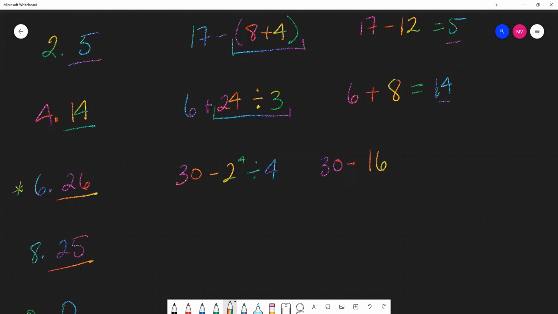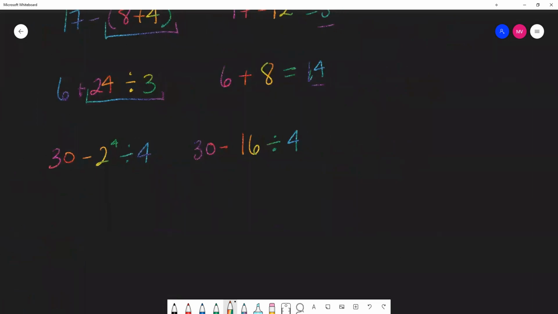Ah, that's what it was. You're off by 2 because of the dividing. So 2 times 2 times 2 times 2 is 16, and our next step is the division. 30 minus 16 divided by 4, which is 4, gives us 26.